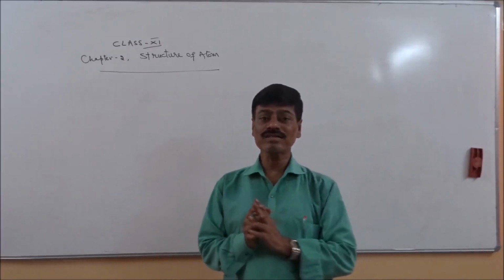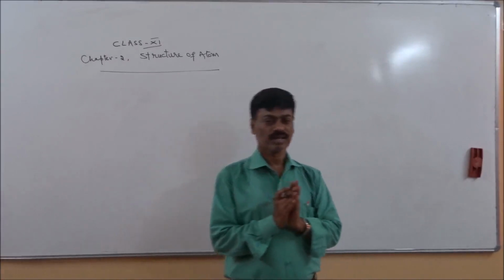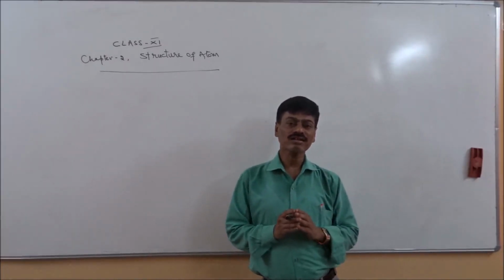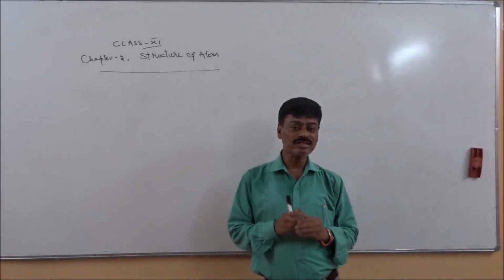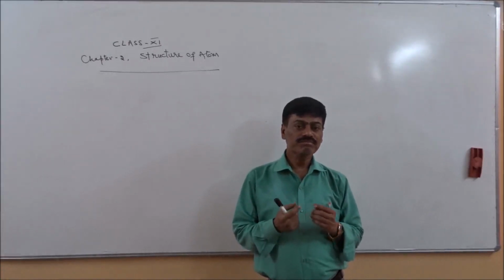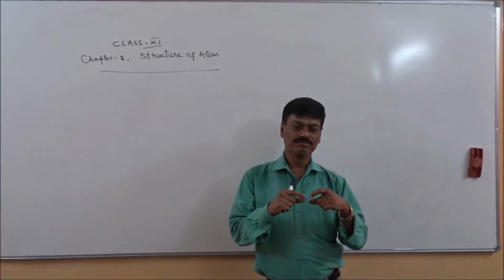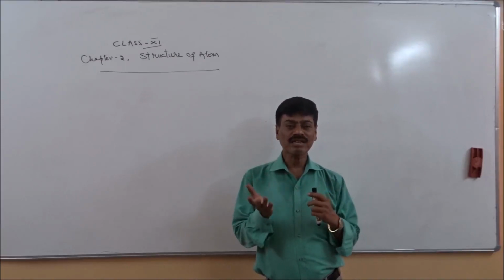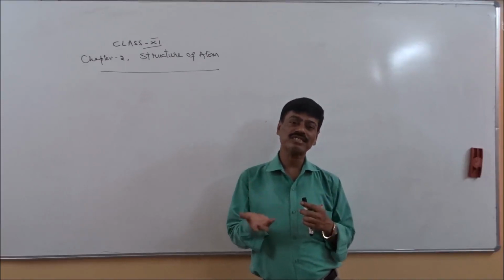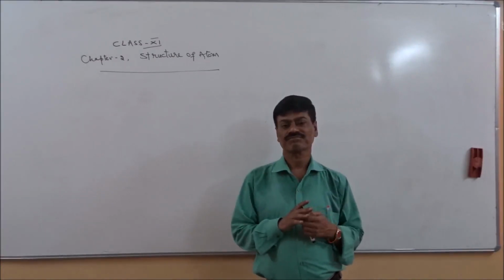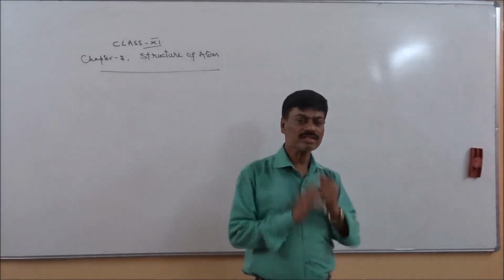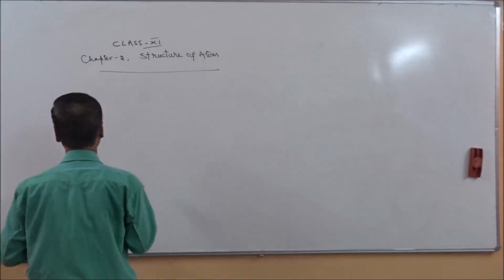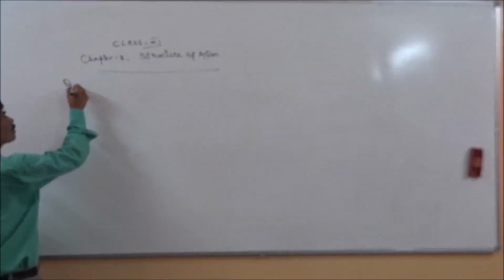L value means azimuthal quantum number. These two quantum numbers are given and you need to describe by adding together N and L, meaning which subshell is present in which main shell. This is the point. On this point, the question can be asked this way.